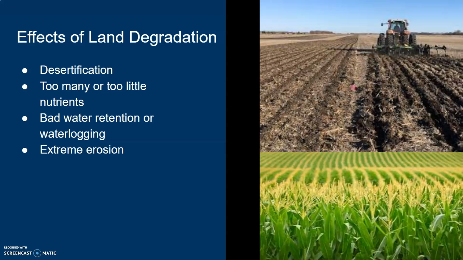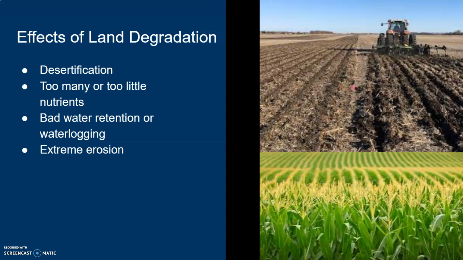And too many nutrients in the water can result in mass die-offs of fish, for example, and can result in the die-off of certain trees that depend on specific kinds of water, especially in wetlands. And it is very, very bad for biodiversity and the health of the ecosystem. Now, extreme erosion is also really bad for reasons we've discussed.